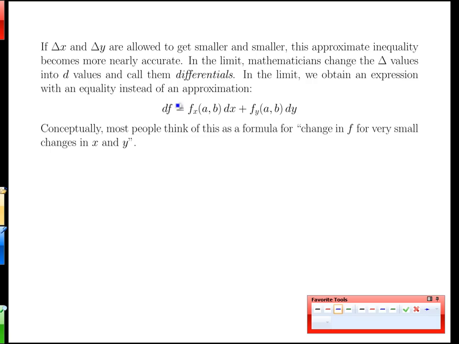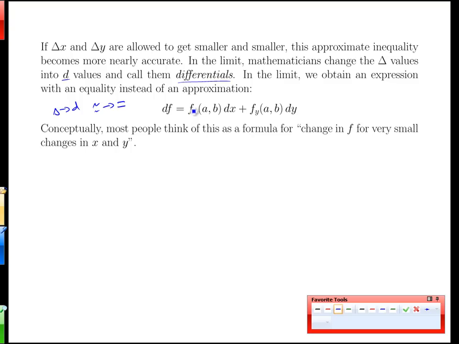Sometimes people use a different notation for this. They talk about the delta x and delta y getting smaller and smaller, and what that does, of course, is turn the approximation into an equal sign, and typically we turn the deltas into d's and you call them differentials. Now, nothing's actually happening here except we're replacing deltas with d's, and the approximation becomes an equal sign.